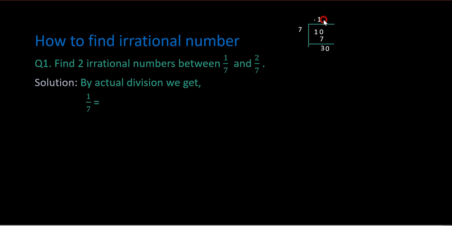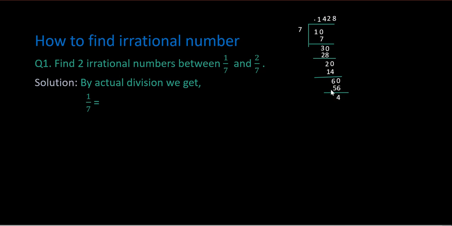Then we can write 7 4s are 28. 30 minus 28 we have 2. So again we add one 0 after 2. Now we have 20. So 7 2s are 14. 20 minus 14 we have 6. So again we add one 0. Now we have 60. So 7 8s are 56. Then 60 minus 56 we have 4.